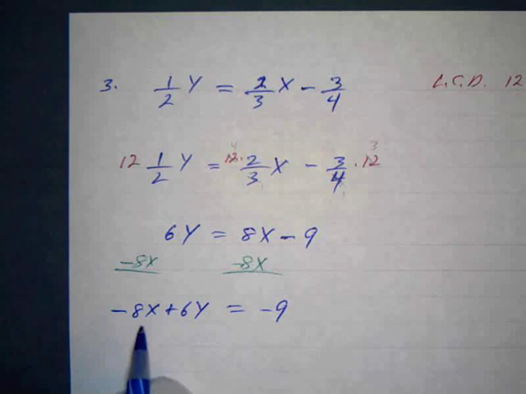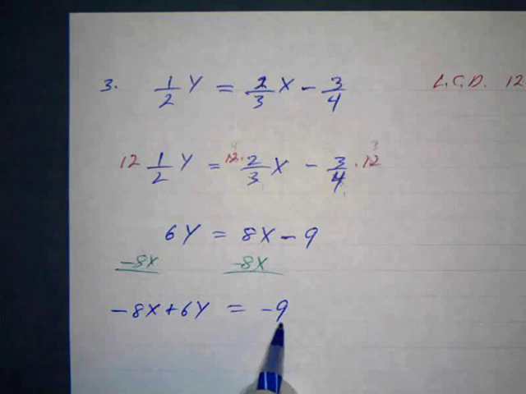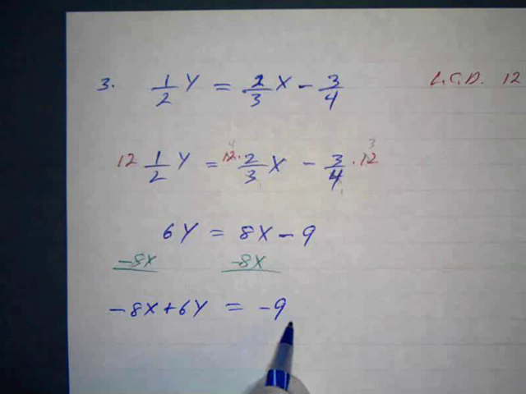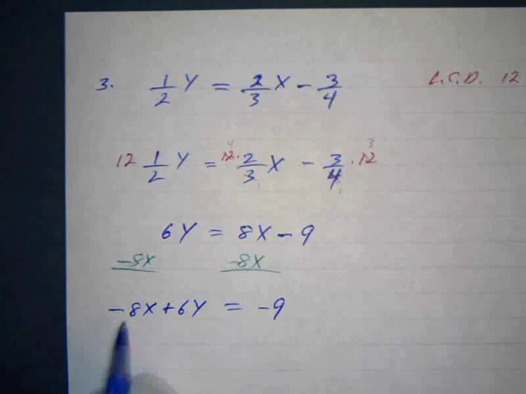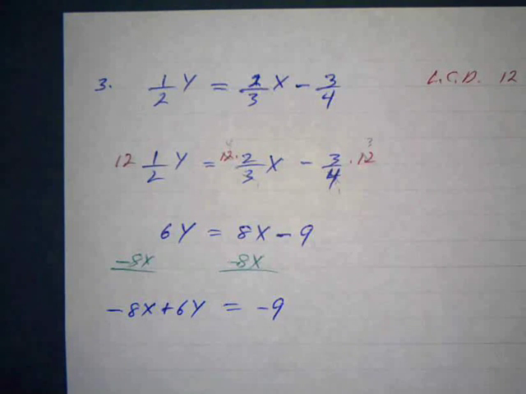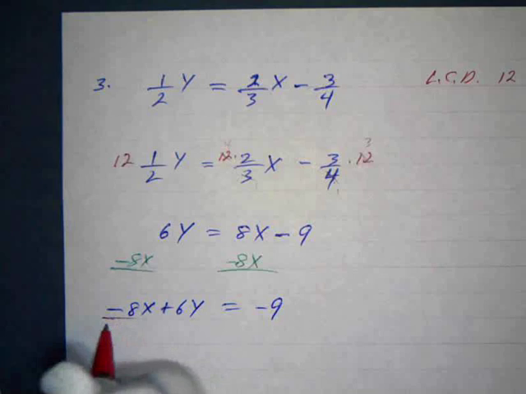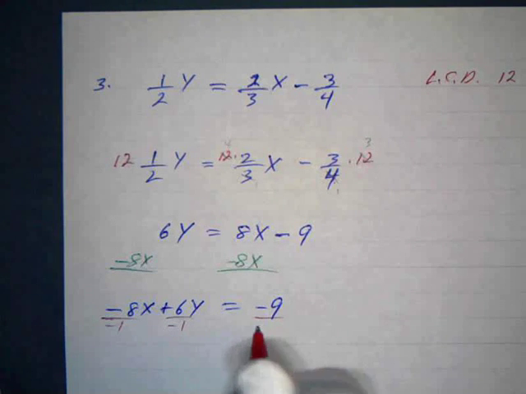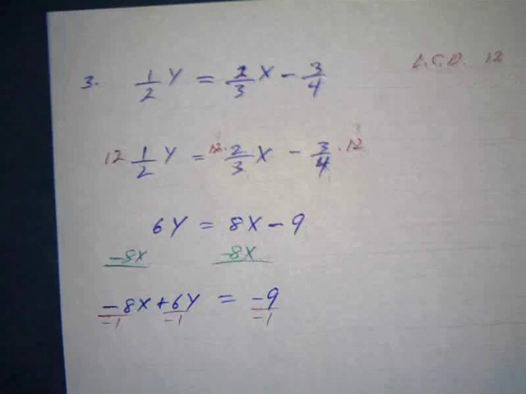So now I've got all my x's and y's on the left, my numbers on the right, except I've got a leading negative sign. Check, these are not all divisible by the same number, so I don't have to worry about that, but I do have a negative sign, so I want to change all those signs. So really we could just divide every term by negative 1, and that's going to be the same thing, or just change all the signs. Either way, it accomplishes the same thing.